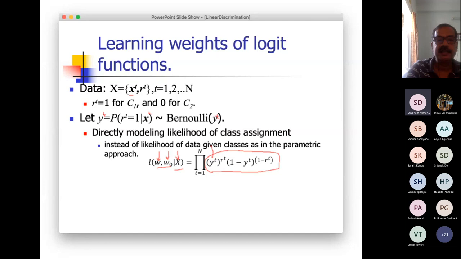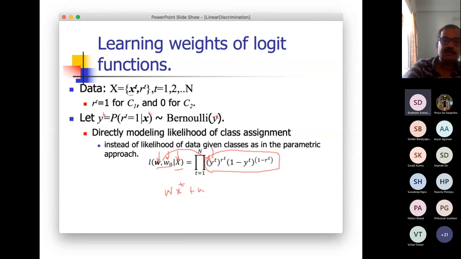Because if you compute w and w naught, that itself will give you yt. Given w and w naught, what is the relationship? The linear function given xt would be w xt plus w naught.